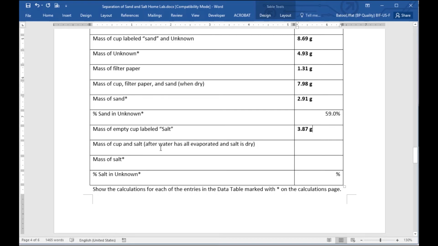And after evaporating all the liquid from that salt solution, I made sure that there isn't any teeny tiny bit of moisture. It was completely dry when I took the weight, and the weight is 5.84 grams. And again, to find the mass of the salt, it has an asterisk, so you have to show this calculation on the calculation page.